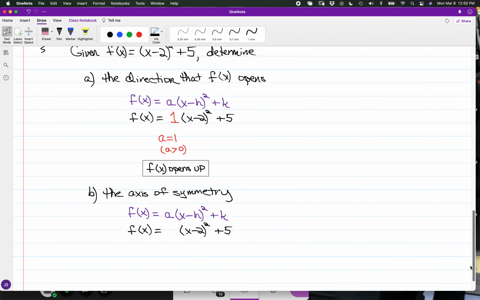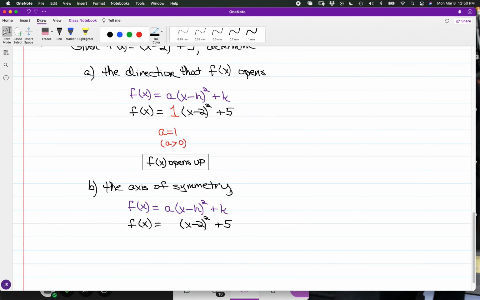While we're not working with the zero product property, the h value is going to be the 0 of x minus h. Stepping to the side here, we have x minus h is equal to 0, and the axis of symmetry is x is equal to h.